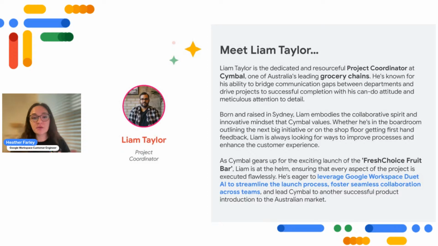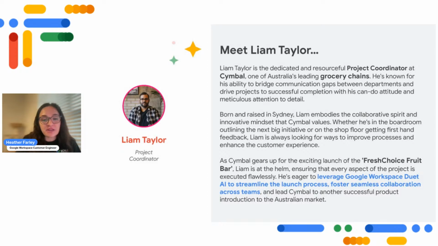So Liam is going to be located in Sydney, Australia. So you'll notice that most of our examples today will be based in the Australian experience. So look forward to that. But the main thing that we need to know about Liam Taylor is that he is part of Symbol, the organization, and Symbol is going to be launching a fresh choice fruit bar.